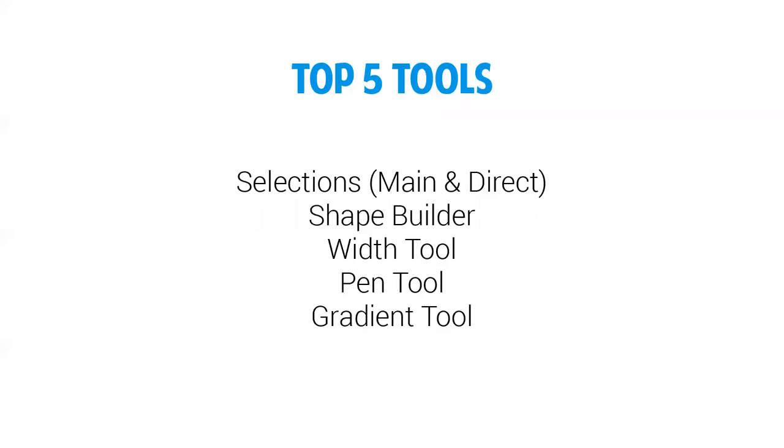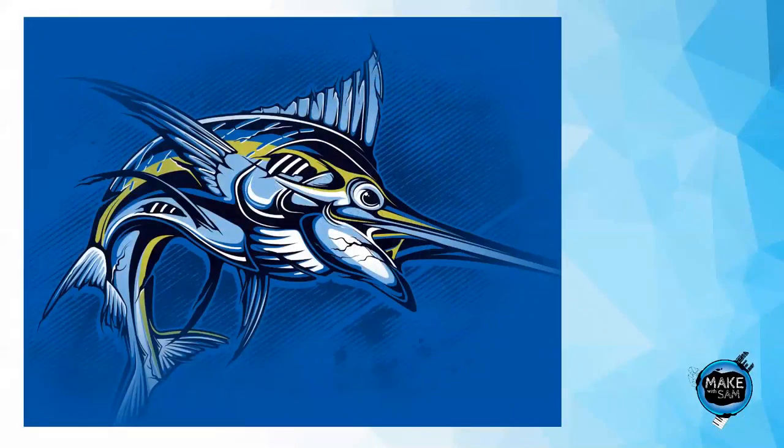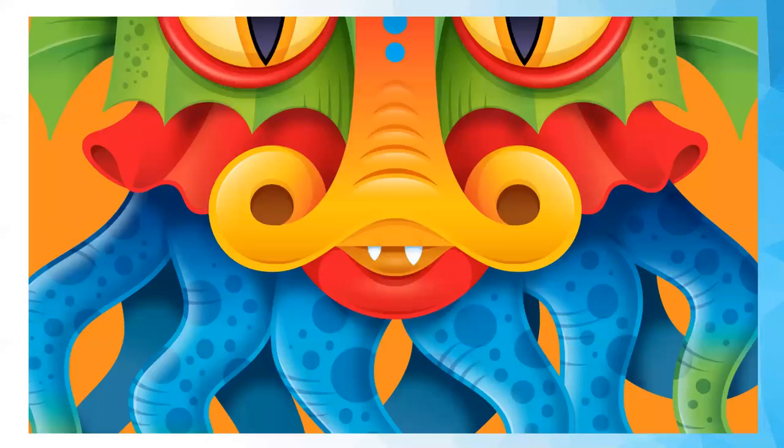So if we were to go back to some of these examples, this one's using a lot of solid colors, but if we were to go back to this one, look at the transition on the nose where the nose curls over here and it gets dark, like it goes from yellow to red, and then has that orange bleed in between. The gradient tool is going to allow us to do stuff like that. Or even at the bottom of the nose, it's got a lot of slight gradients all over.